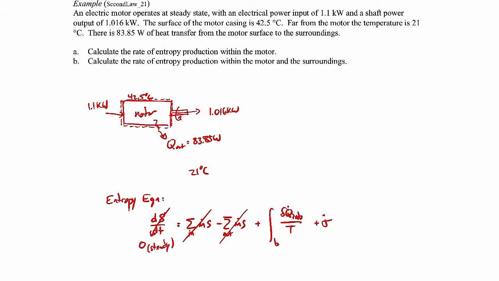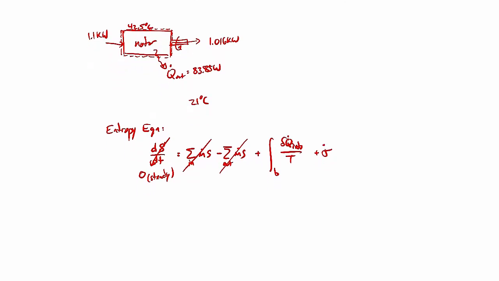By the way, this should be a Q dot. The heat transfer is occurring right here, and the temperature at which that heat transfer is occurring is 42.5 degrees Celsius, because our system boundary is right on the surface of the motor, because in this particular part of the problem, we want to know the rate of entropy production within the motor.